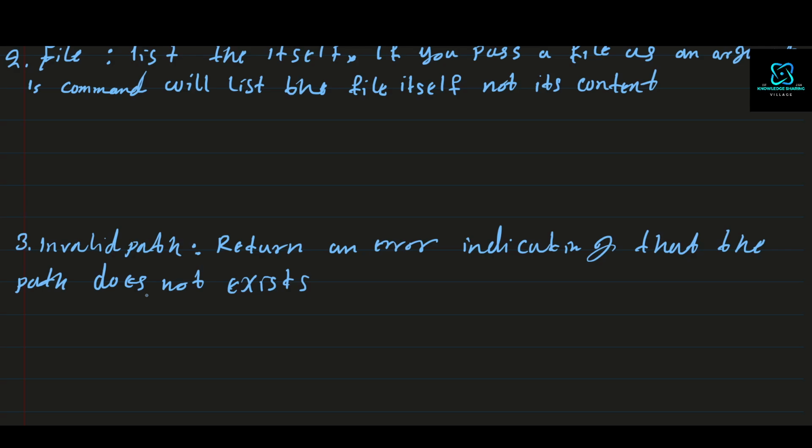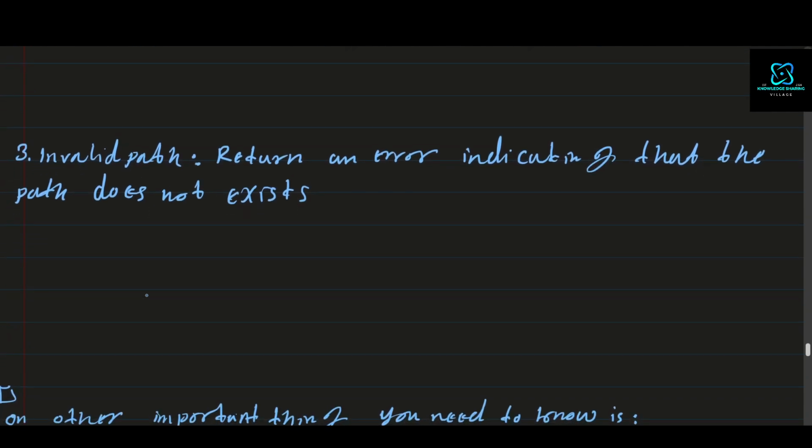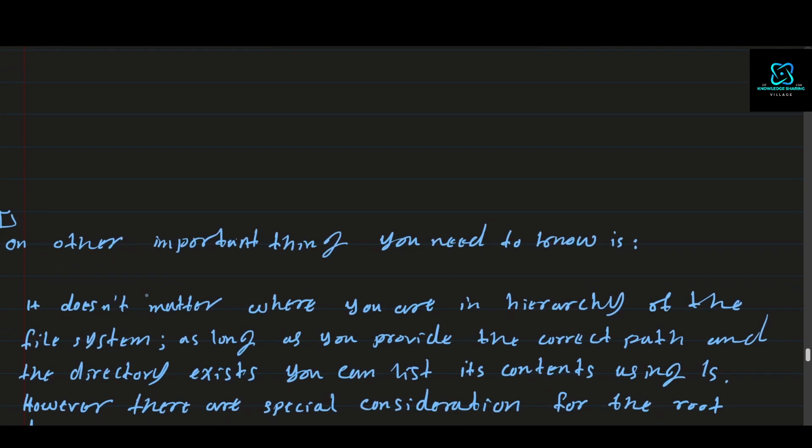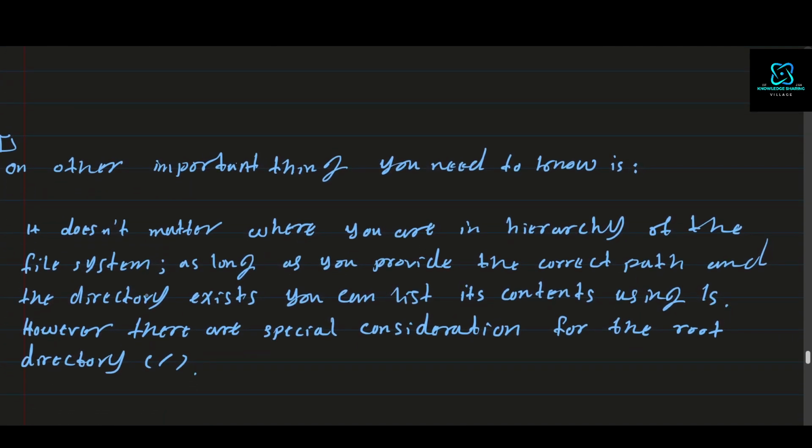Okay, so one other important thing that you need to know is it doesn't matter where you are in the hierarchy of the file system, as long as you provide the correct path and that directory exists, you can list its content using the ls command.